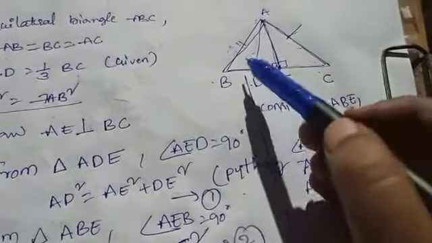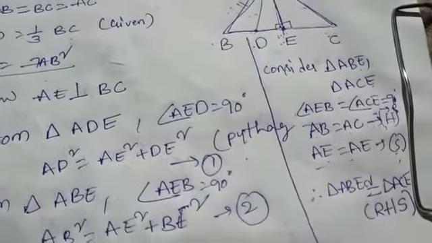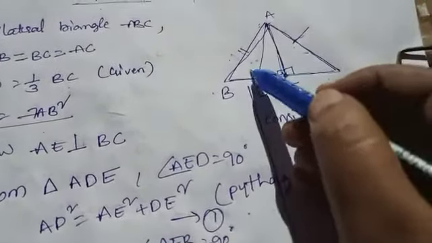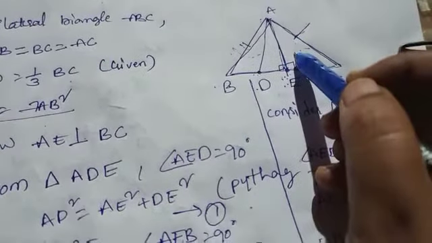So BE equal to EC. These two triangles are congruent, so their corresponding sides are equal.